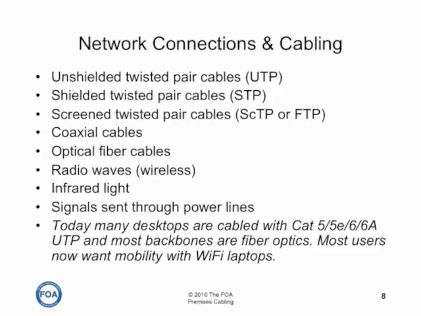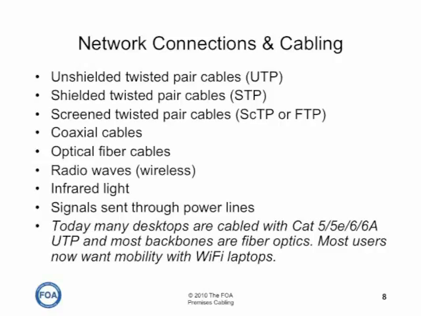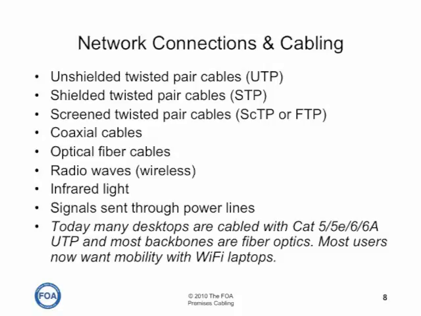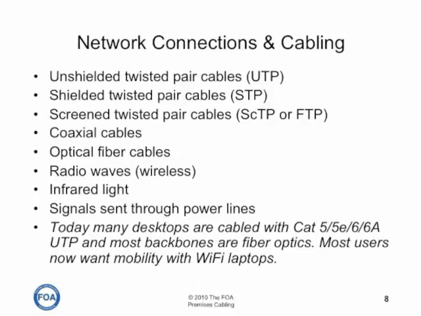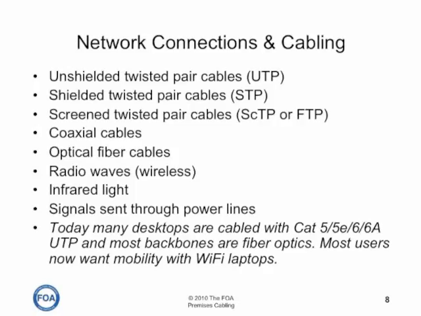Practically every kind of communications media has been used for networks, including our typical unshielded twisted pair cables of today, shielded twisted pair cables, or screen twisted pair cables, which are both used to reduce the amount of interference between the pairs or between adjacent cables.